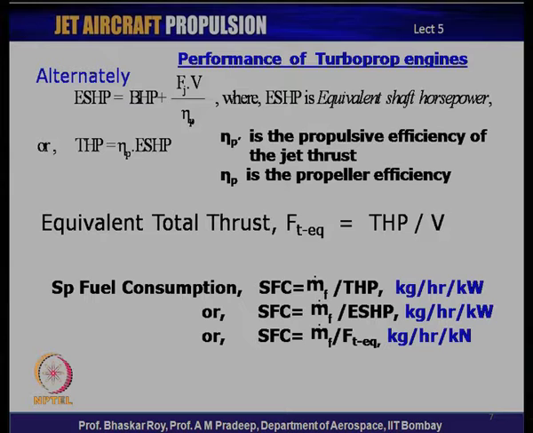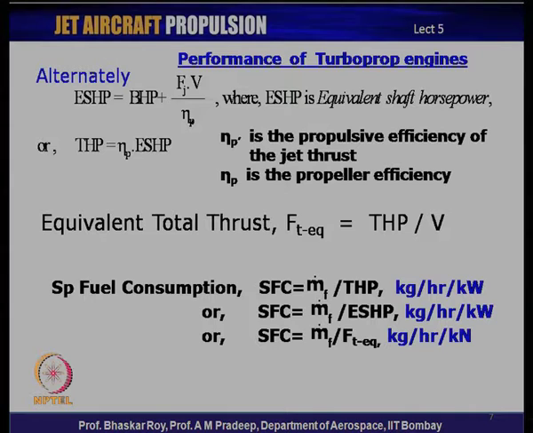SFC can also be expressed as m dot f divided by ESHP. The actual value would be slightly different, and if you wish, it can be expressed as m dot f by F t equivalent, in which case the units would be kilograms per hour per kilonewtons.